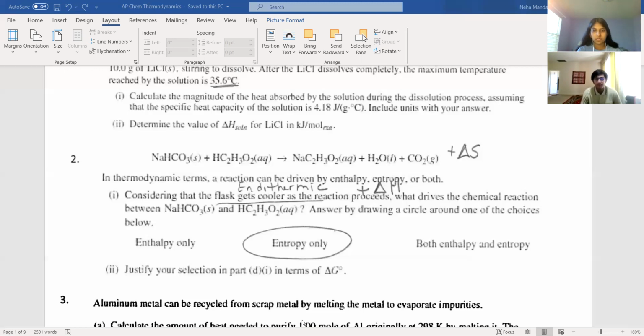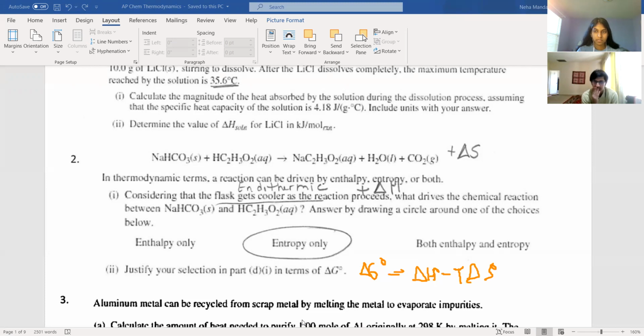But I think for this, would you have to actually calculate? I think you would probably want to show that equation, delta H minus T delta S. Yeah, I would do that. And then you would explain that the S term would dominate, because the H term would be positive.